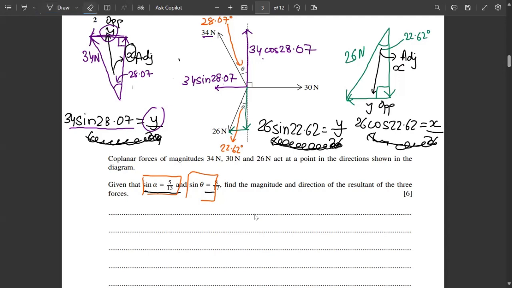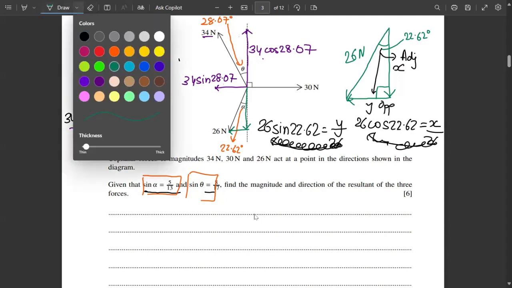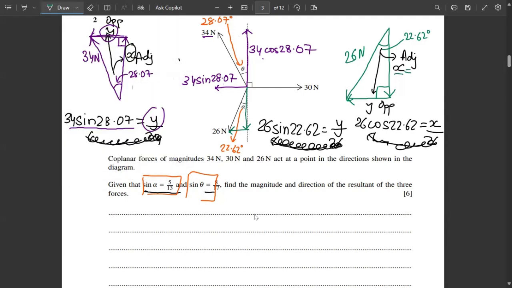So what is this x exactly? This x is the downward arrow. The downward arrow is 26 cos 22.62, and this is 26 sine 22.62. Let us rewrite it here. If we draw the downward arrow properly, this downward arrow is 26 cos 22.62.